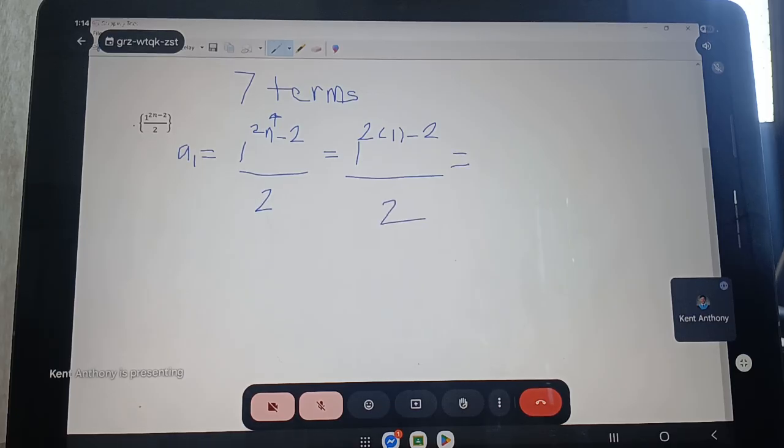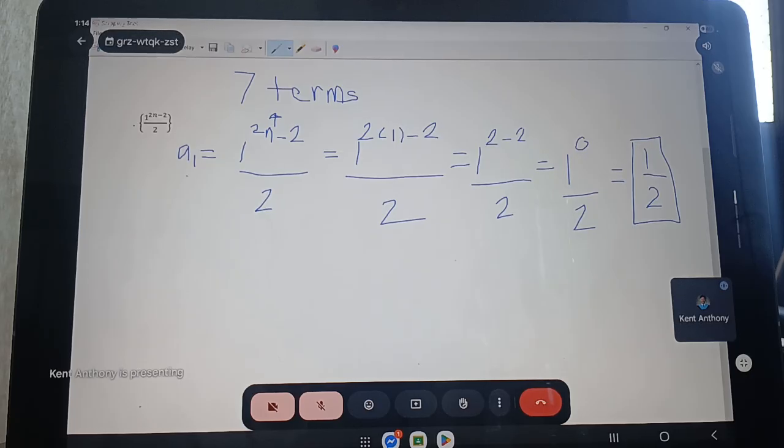And then 2 times 1 is 2, minus 2, all over 2. And then 2 minus 2 is equal to 0, and afterwards over 2. And always remember, any number raised to the exponent of 0, the answer will be 1. And then copy over 2. Therefore, your a sub 1 is equal to 1 half.